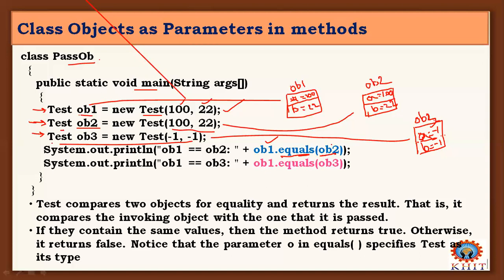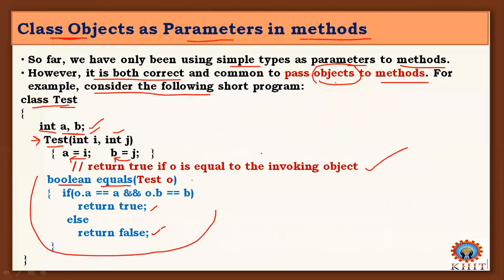Here, this O means ob2, and the object that called this method is ob1. So ob1 called this method and ob2 was passed as an object.